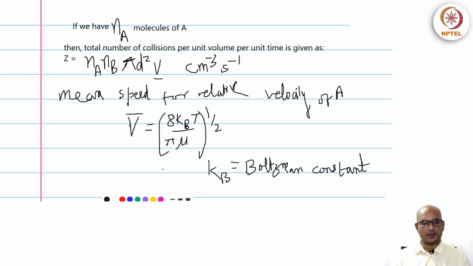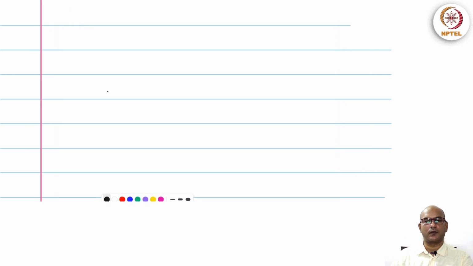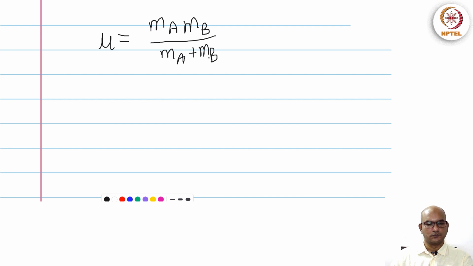So that's our relative velocity, and mu is given as MA MB divided by MA plus MB, where M are the masses of A and B.